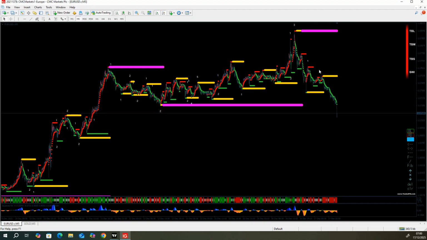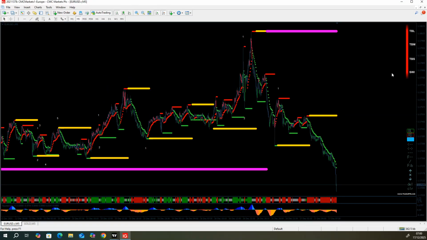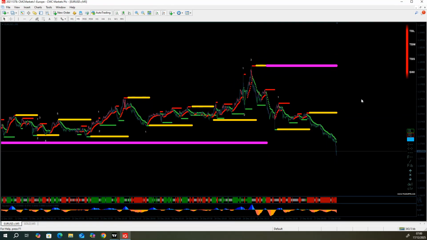So the downside still has a little bit more move that we can expect. This is the count here. This is 1 2, 2 is giving us extension, 2 1 2 3. We expect a pullback, 4 and 5 for a completion of the 3, then 4 and 5 before we can see a major wave.